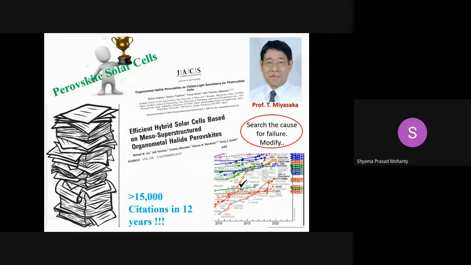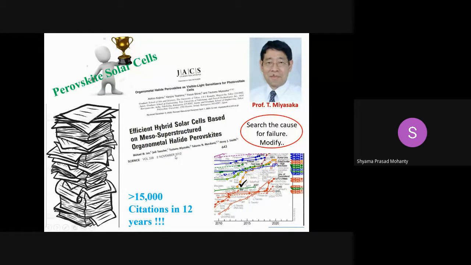As you can see, the first article, published by Professor Miyasaka from Japan, has received about 15,000 citations in 12 years. In his first article, he had achieved very low efficiency, which was converted into high-efficiency solar cells by modifying the structure in 2012.